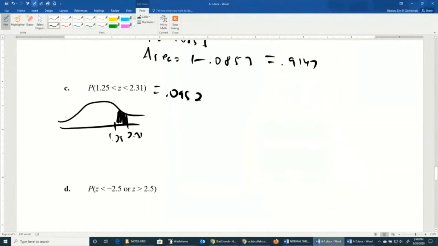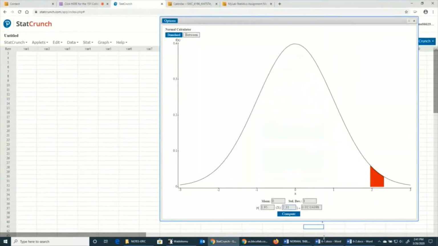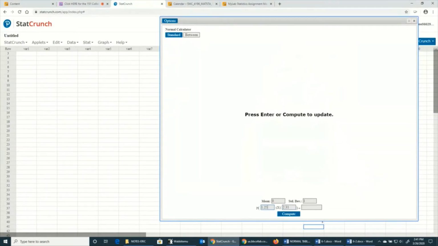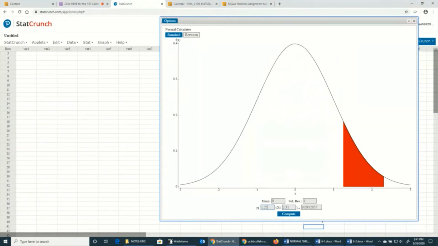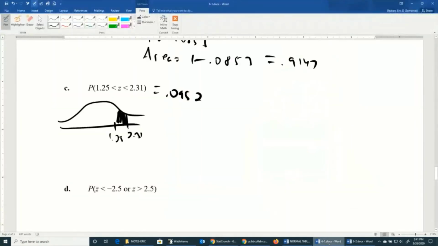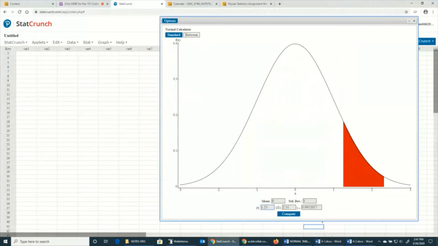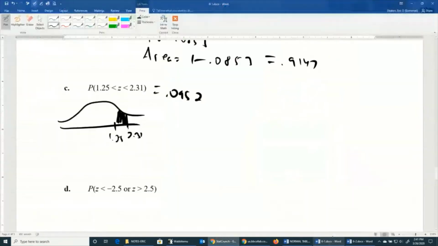I messed up. Oh, it's 1.25. See? Make sure you use the right numbers. Enter. 0.0952. Yeah. See that beautiful picture.